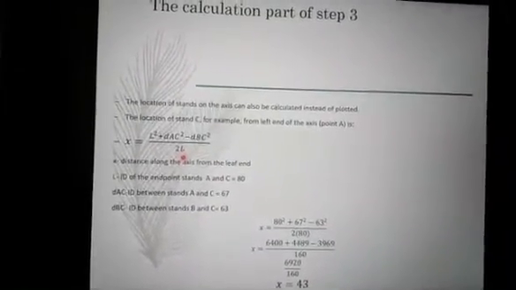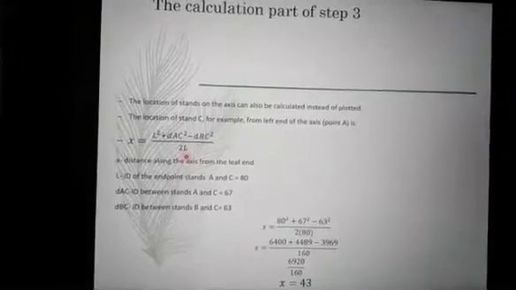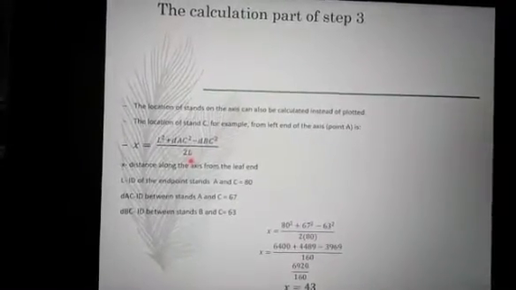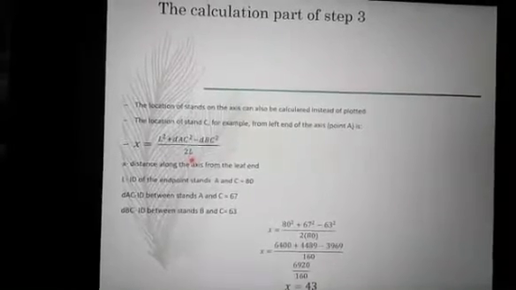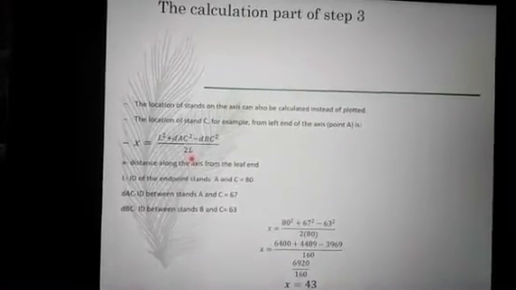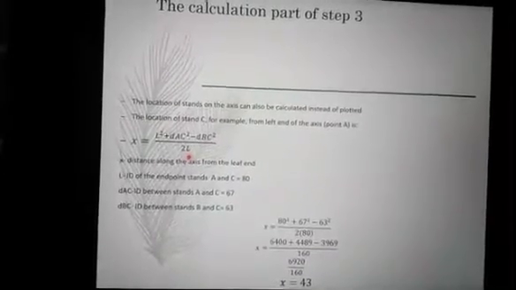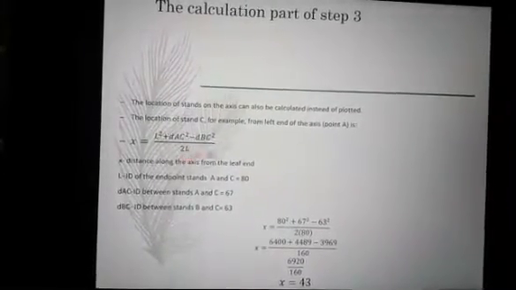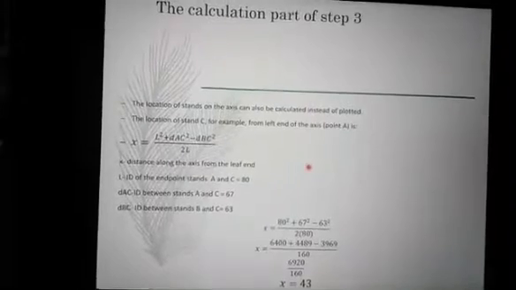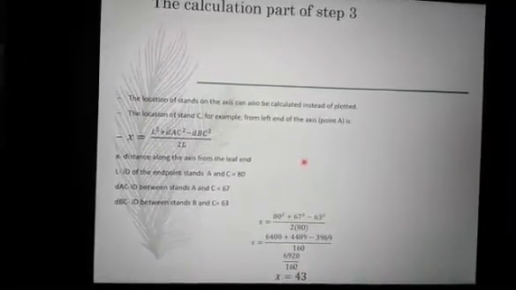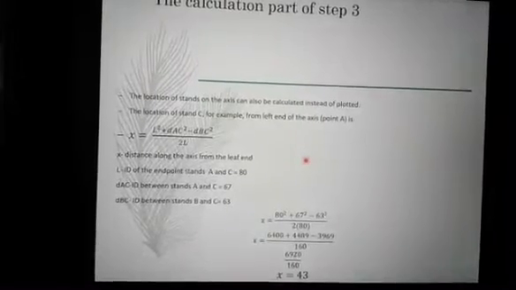So the location of stand C, for example, from the left end of the axis point A, is x equals L squared plus DAC squared minus DBC squared over 2L. So x is the distance along the axis from the left end.